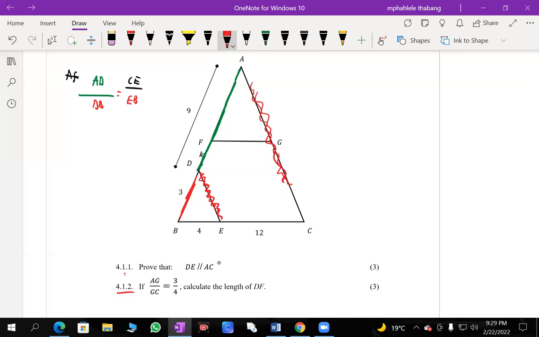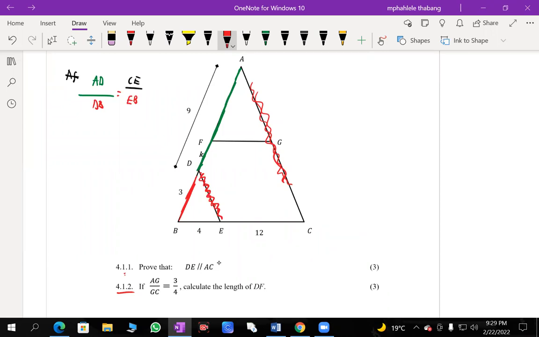What's the theorem? If a line is drawn parallel to one side of a triangle, it divides the other sides in proportion. It's only proportionality.